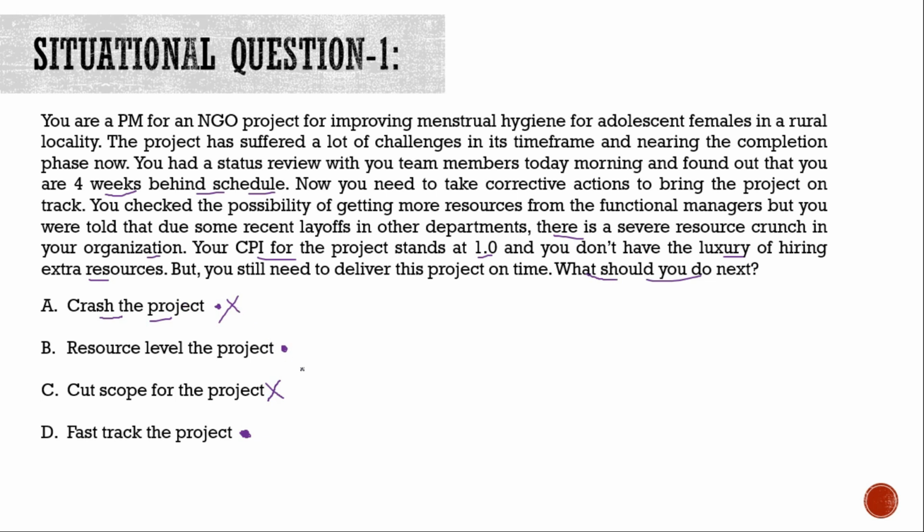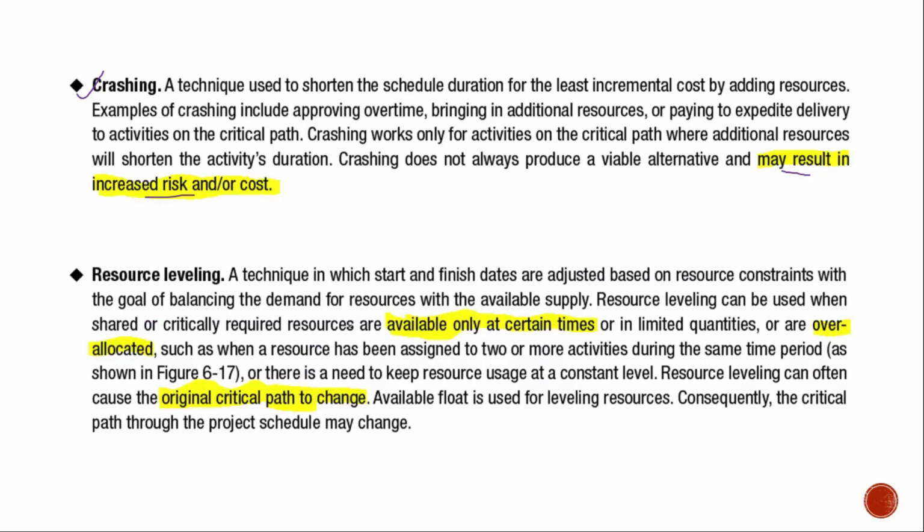Now resource leveling the project. So if you go to the definition of resource leveling, you will see that it is only used when resources are over allocated, or generally when you have resources which is assigned to 2 or more activities, and it often results in the original critical path to change. And generally when you do resource leveling, the critical path of the project increases.